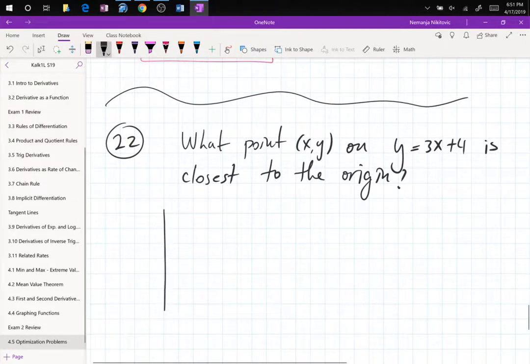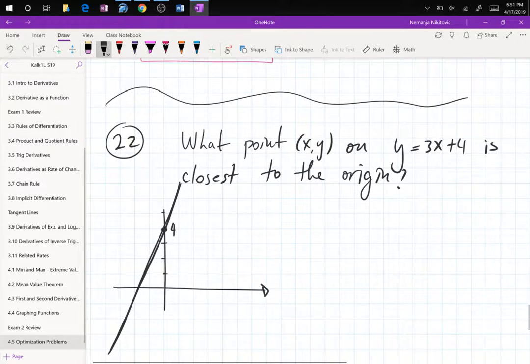Now, geometrically, we go 1, 2, 3, 4, then 1, 2, 3 up and 1 over, so it's a line something like this, going through 4, and perpendicular, this would be our distance d, that's the origin 0, 0, and this over there is the mysterious xy point.